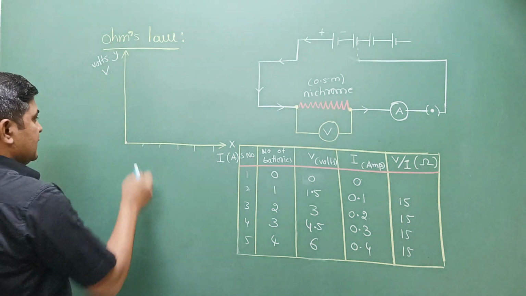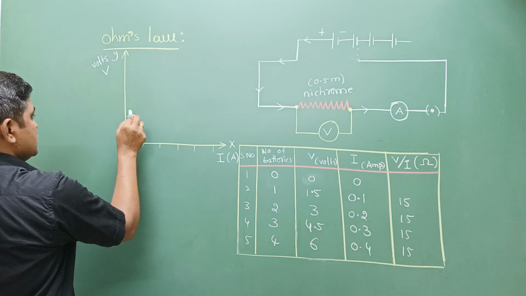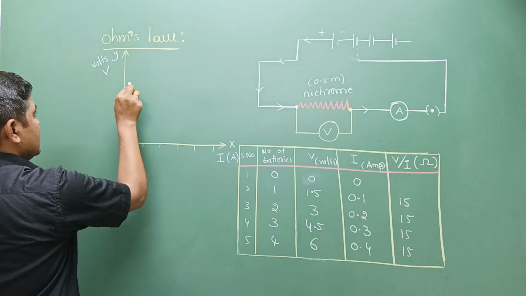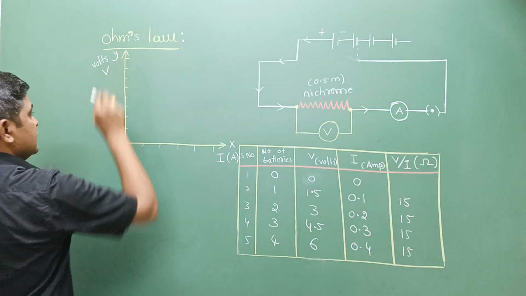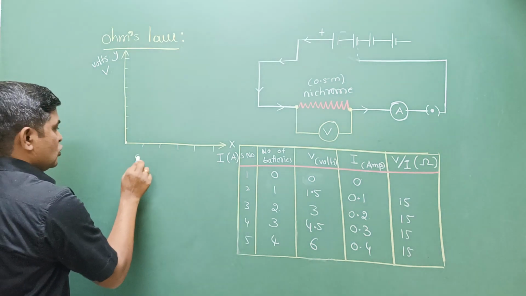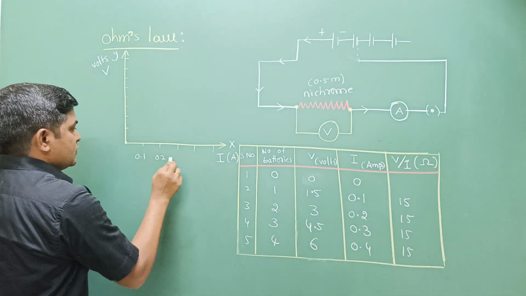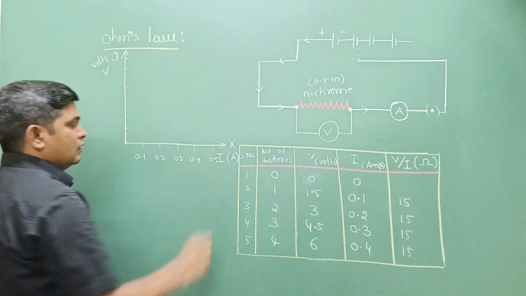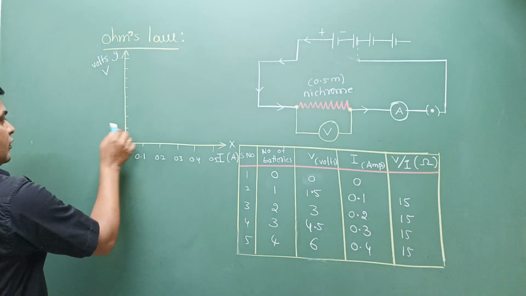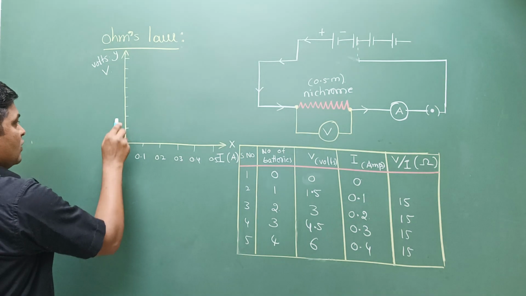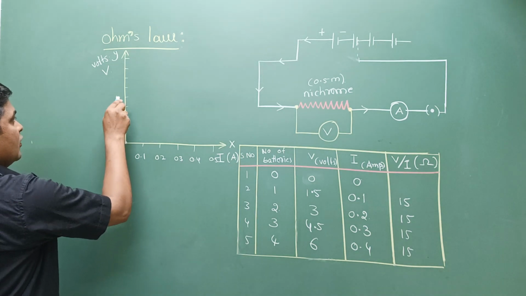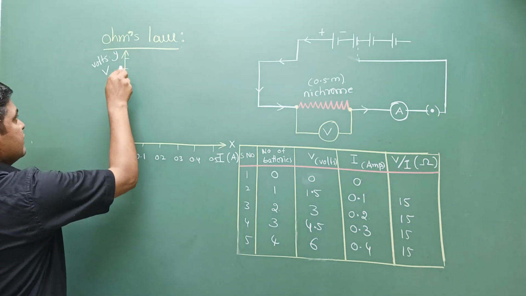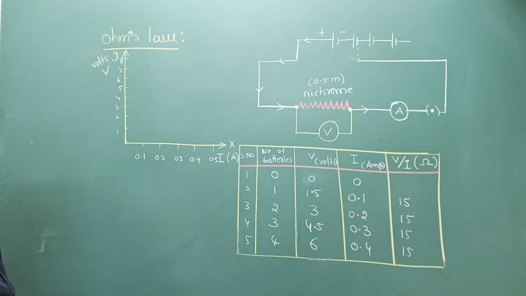On each unit it is 0, 0.1, 0.2, 0.3, 0.4, 0.5 amps of current. Now here I have 1, 2, 3, 4, 5, 6, 7, 8 volts.